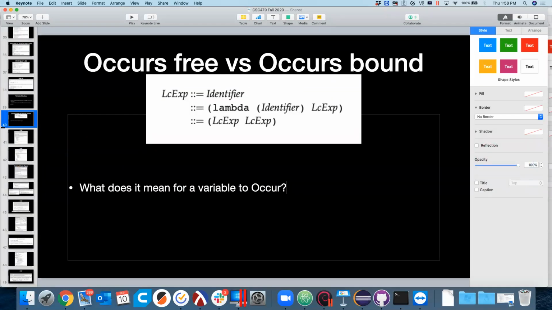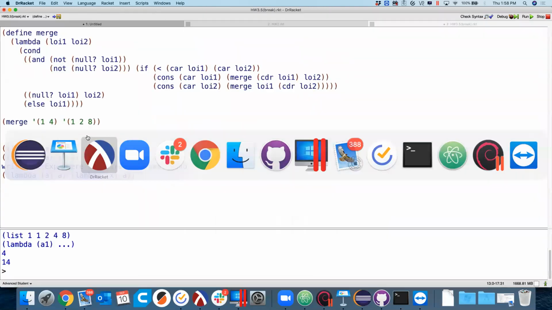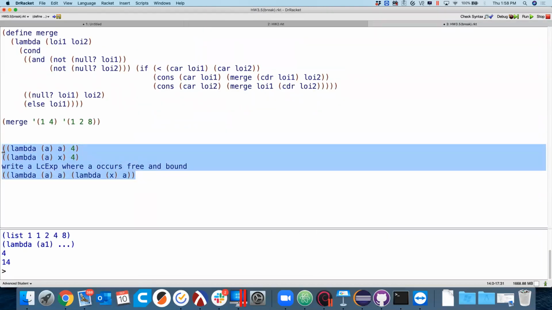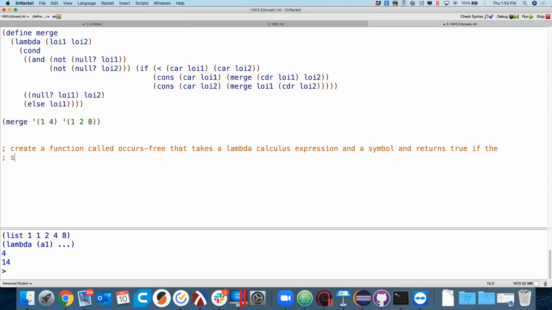So now we want to create a function called occurs free that takes a lambda calculus expression and a symbol and returns true if the symbol occurs free and false otherwise.